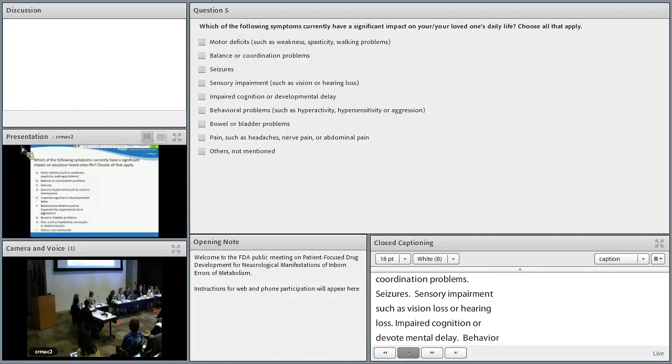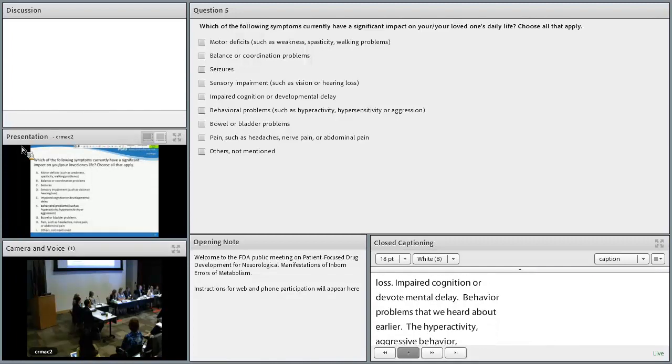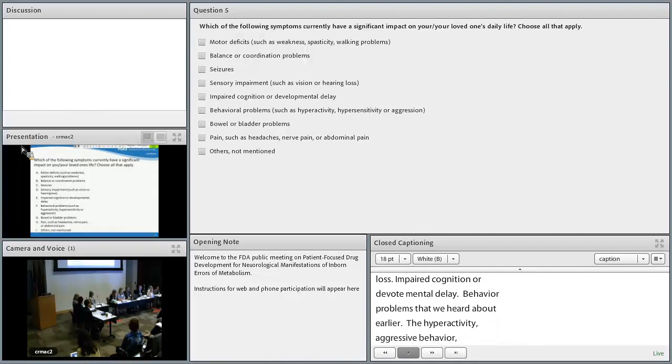Behavioral problems that we heard about earlier, the hyperactivity, the aggressive behavior, the hypersensitivity. Bowel or bladder problems. Pain such as headaches, nerve pain, or abdominal pain, or something else if not mentioned. We heard many other things even mentioned by the panelists that aren't on this list.